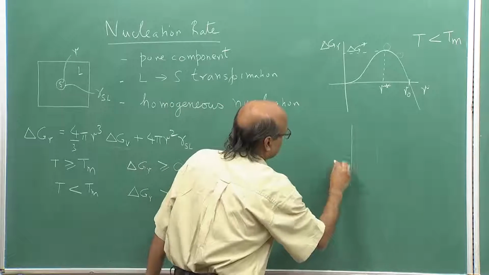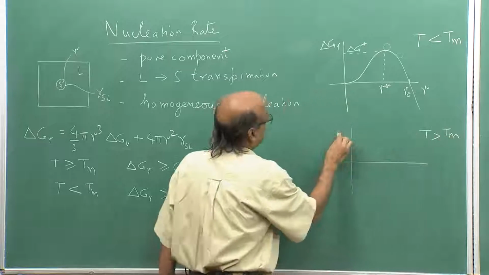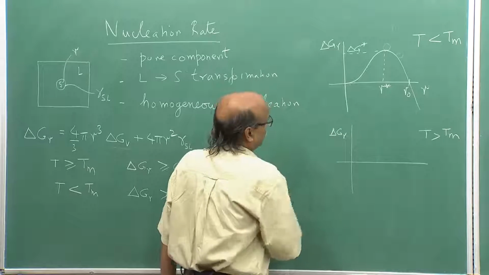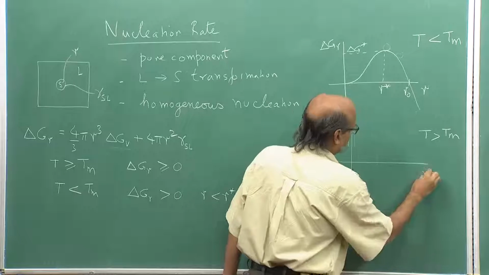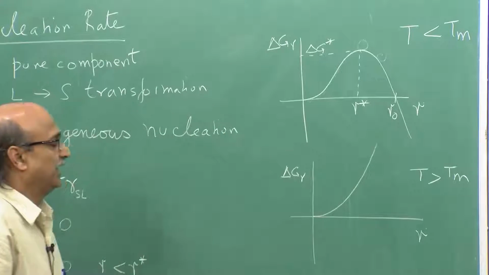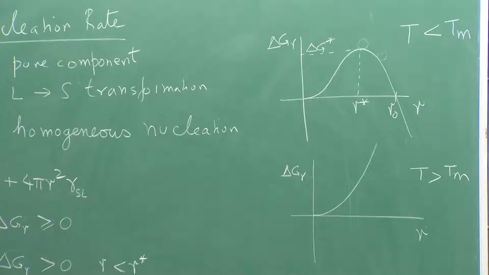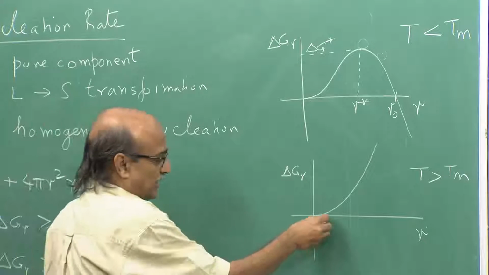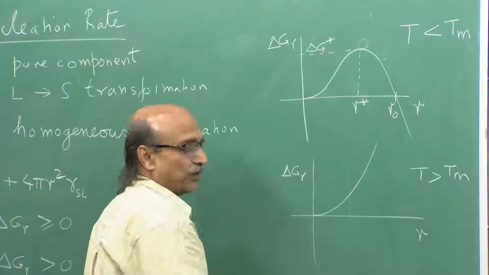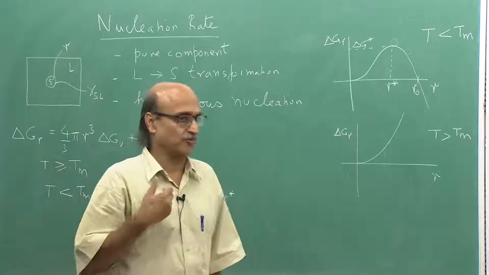For temperatures greater than Tm, if I were to plot delta Gr versus R, then we would simply have a monotonically increasing change in free energy, which just suggests that whatever nucleus forms will always be unstable and will dissolve back.